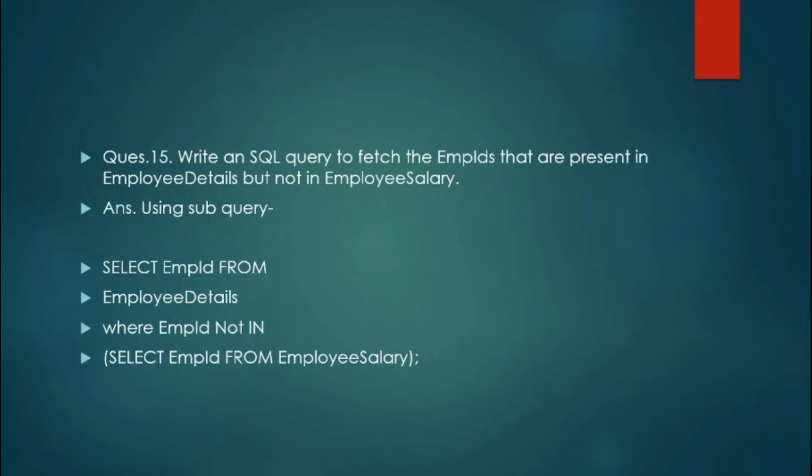In that case we will write SELECT EmpID FROM EmployeeDetails WHERE EmpID NOT IN, and then our inner query, SELECT EmpID FROM EmployeeSalary. So the inner query will return all the employee IDs, and the WHERE condition will filter out, and you will get only the employee IDs of those persons who are not present in the employee salary table.